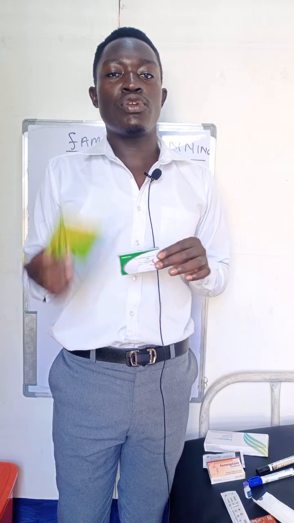So when you use these pills, wait until you get your periods before you can use again. You should not use it more than once in a cycle, because it predisposes you to getting the side effects of using the P2 pills.